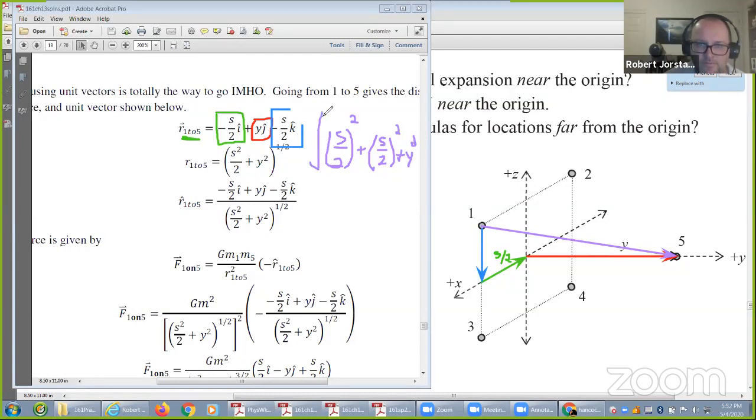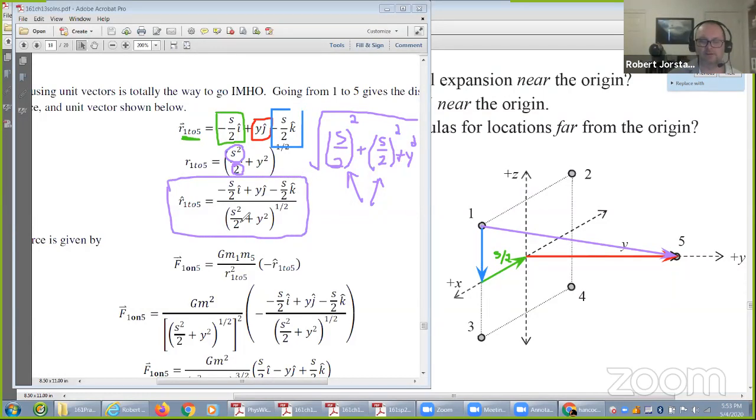Square root. And then notice these two, when you add them up, there's 2 of them. That's why I get an s squared on top, but I don't get 2 squared on bottom. I only get a 2. And here's my hat vector.